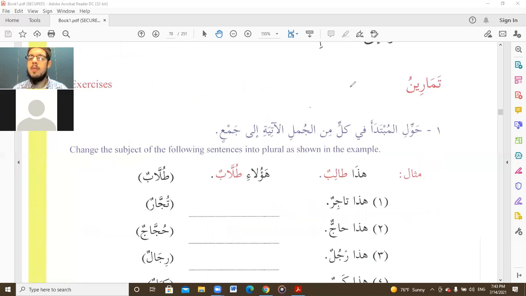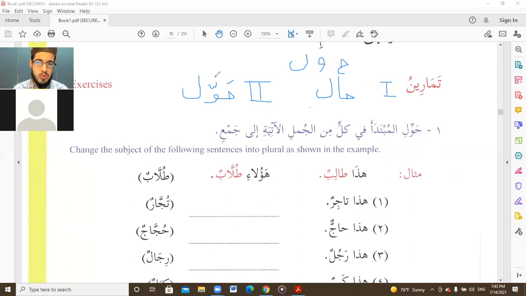I'm going to give you a little bit of morphology. Hal. The three-letter root is actually ha, waw, lam. In form 1, it manifests as hal. In form 2, it reverts back to the waw, and we'll explain that later.